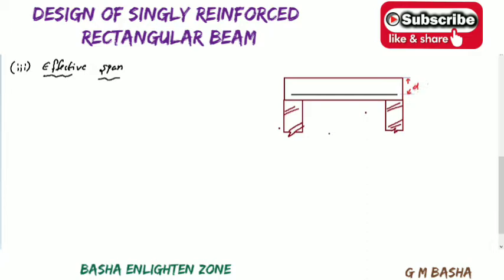So this is the effective depth, and here they will clearly mention that from here to here the clear span is 3 meters, up to the exact face of the column.